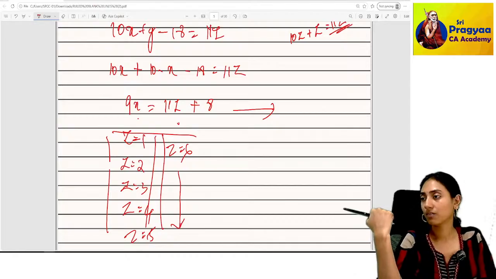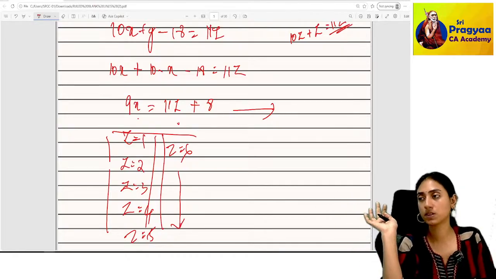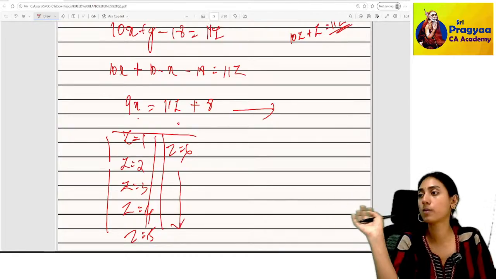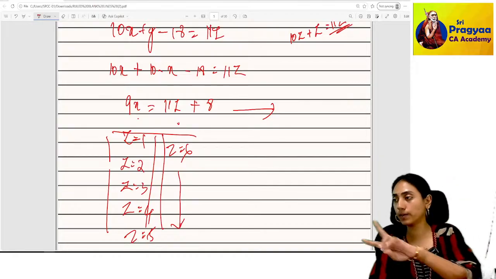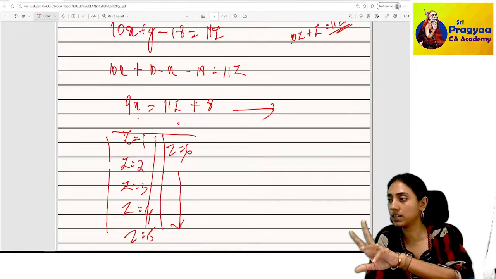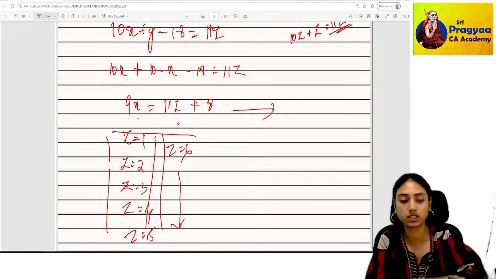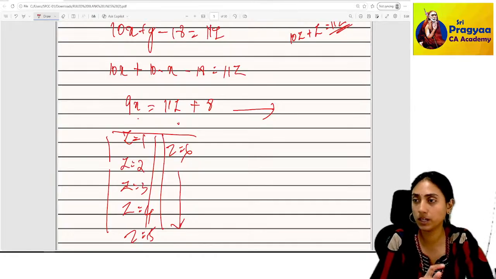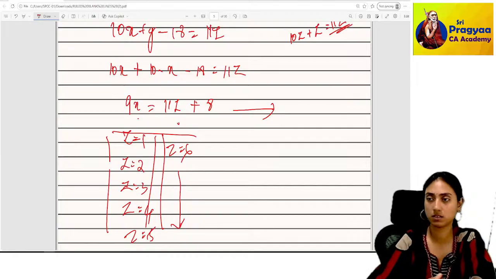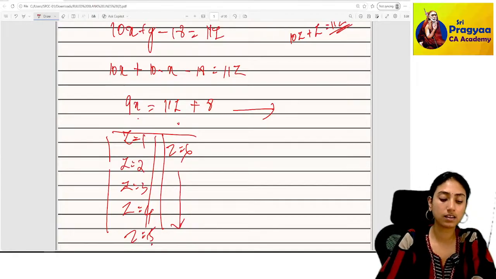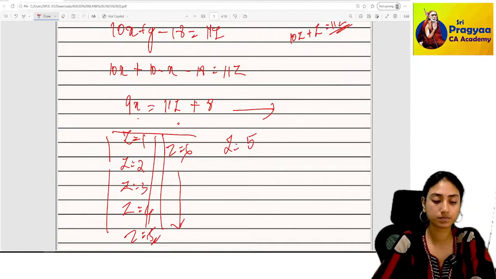When you're working in an exam, go by options method. Equations, strictly go by options method. It will save a lot of your time. But primarily, when you have two variables and you want to solve for two variables, you need two equations. But here you have only one equation. So I'm going by options, substitution method. So I think 5.